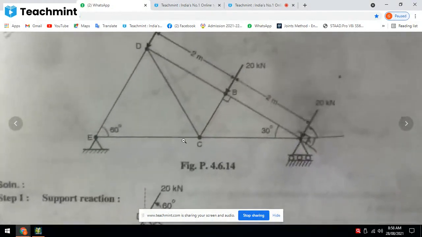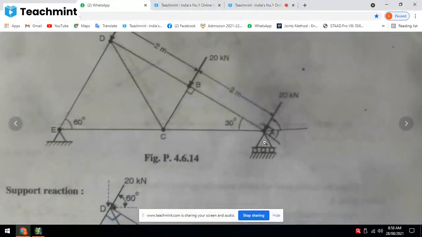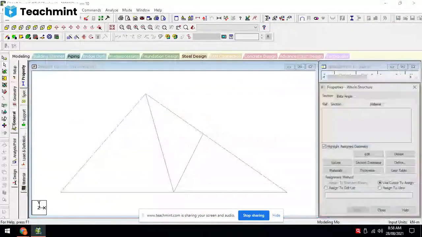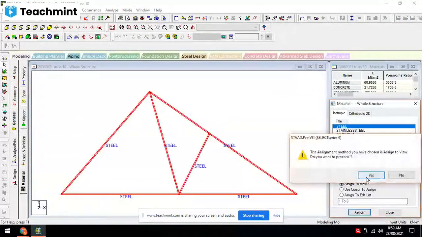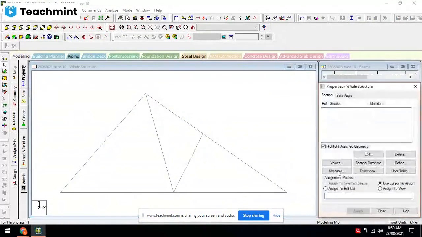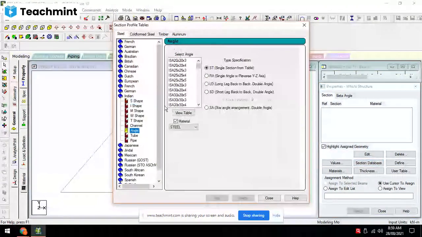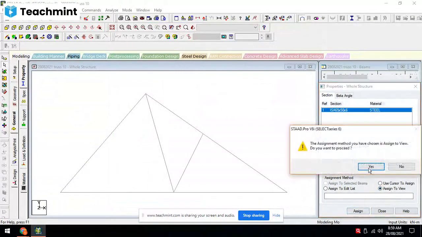As the model is created, left support is hinge, right is roller. Remaining we will assign. First of all, material: steel, assign to view, assign, yes. Property, section database. Whatever section you want, you can assign angle section, because we will find out only the forces in the members. Add, close, assign to view, assign, yes.